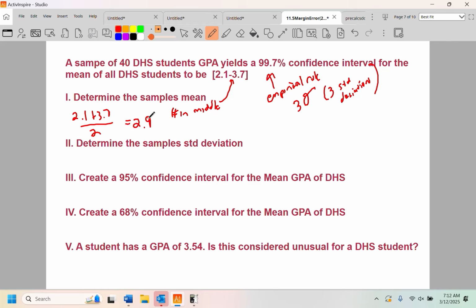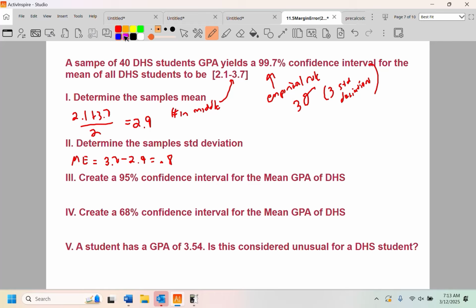Determine the sample standard deviation. That's going to take some steps, okay? So if the middle is 2.9, the margin of error is going to be 3.7 minus 2.9, which is 0.8. Now, how does that help me do standard deviation?